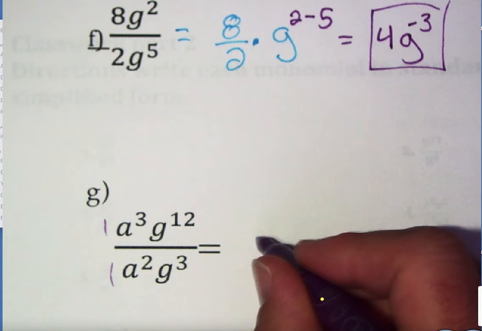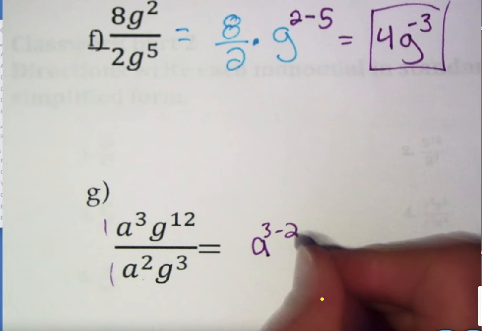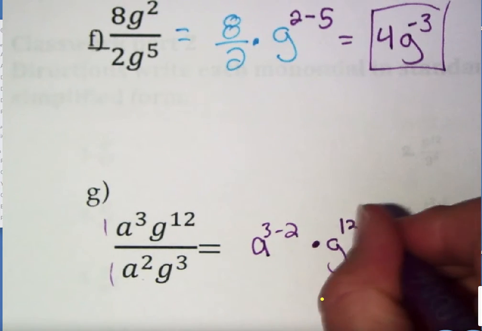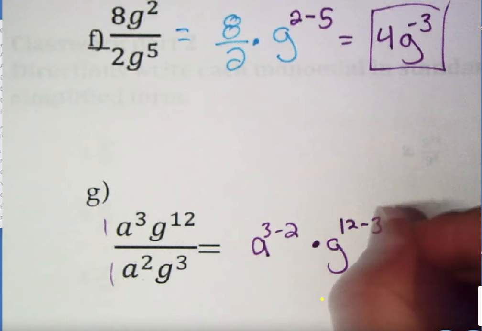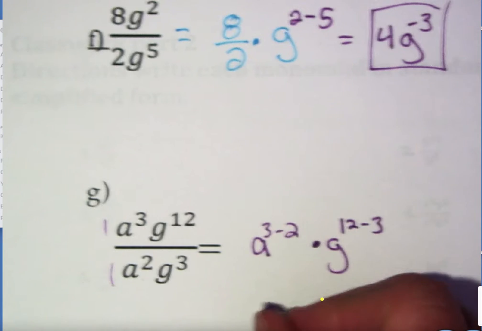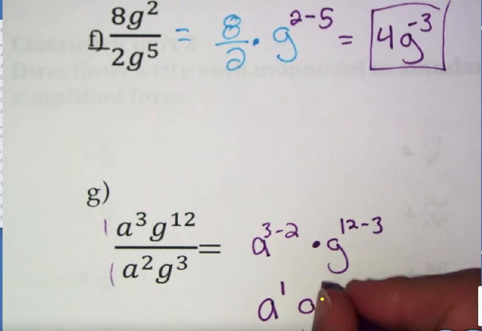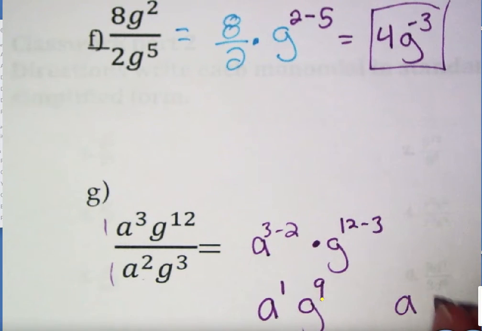So we have a to the 3 minus 2, times g to the 12 minus 3. a to the 3 minus 2 is a to the 1st. g to the 12 minus 3, g to the 9th. So we have a g to the 9th.